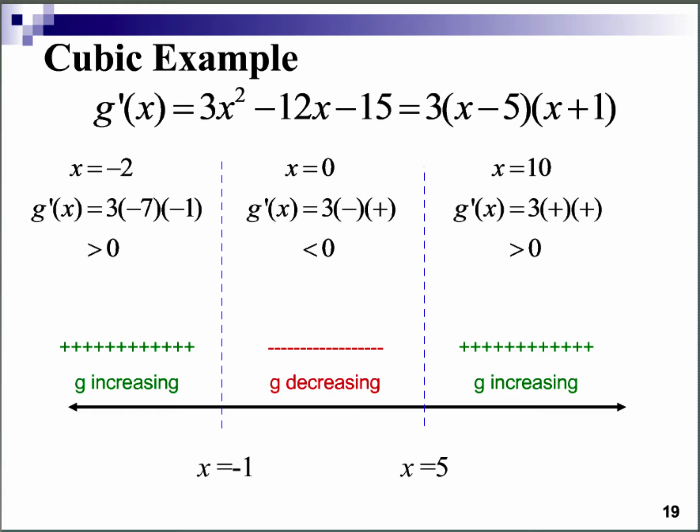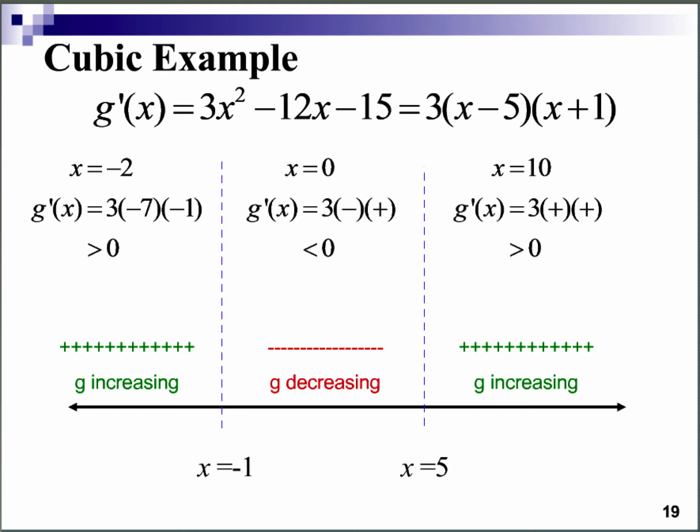And so now we can sort of picture what's going on with the original function g. Keep in mind, g primed is telling me the signs of the derivative. At x equals -1, the sign changes from increasing to decreasing, positive to negative derivative. So that tells me I have a relative maximum there. It's going up, then it's going down.